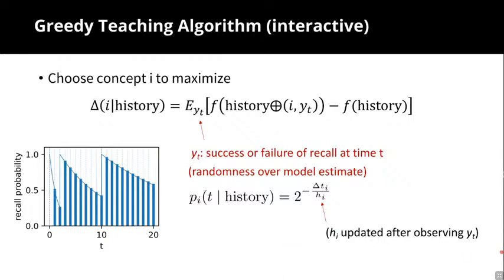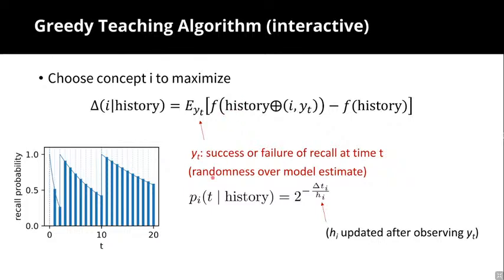Okay, so the algorithm which we're going to analyze is an adaptive greedy algorithm based on the surrogate function we just introduced. At every iteration, we have a history, and we check every new item with respect to the current posterior of the learner's answer. We add the hallucinated answer of the learner for that item, like whether the learner recalled the concept at timestamp t correctly, and we compute the expected benefit based on the surrogate function.